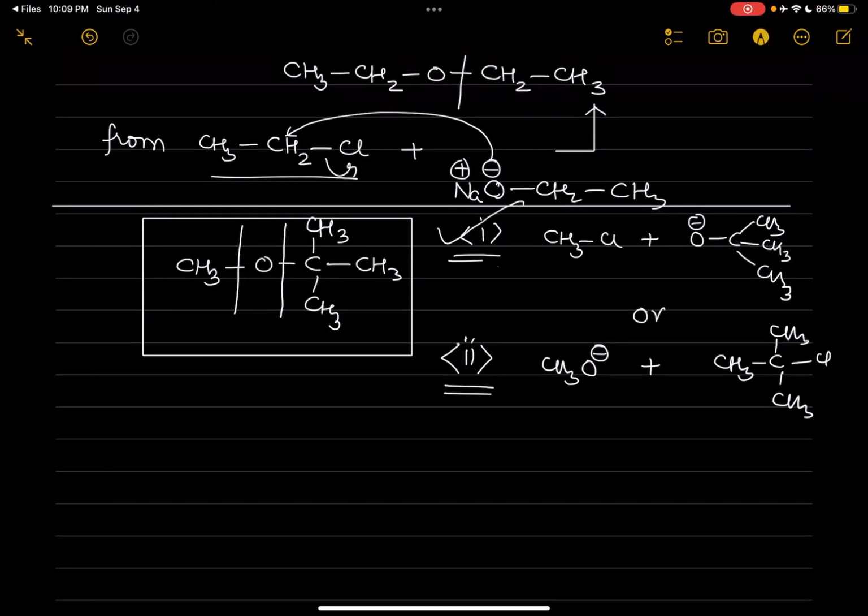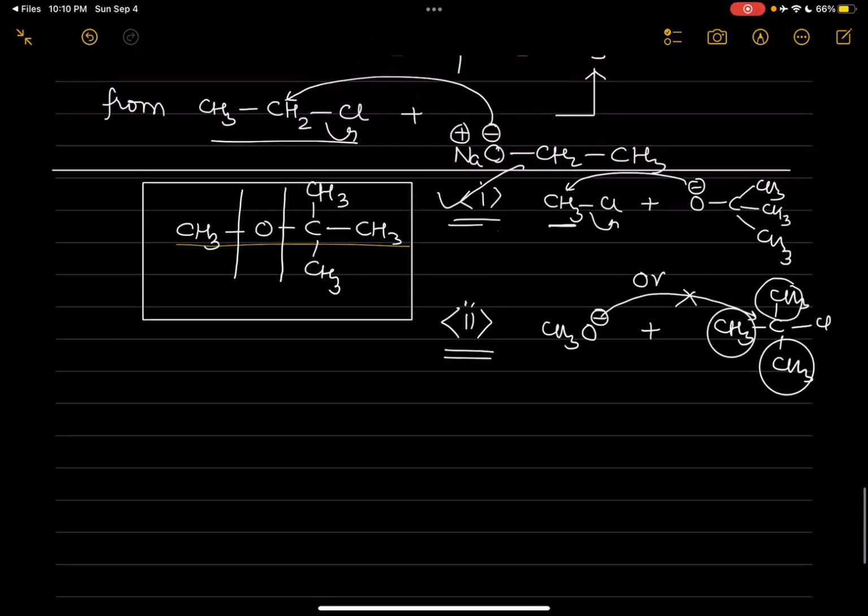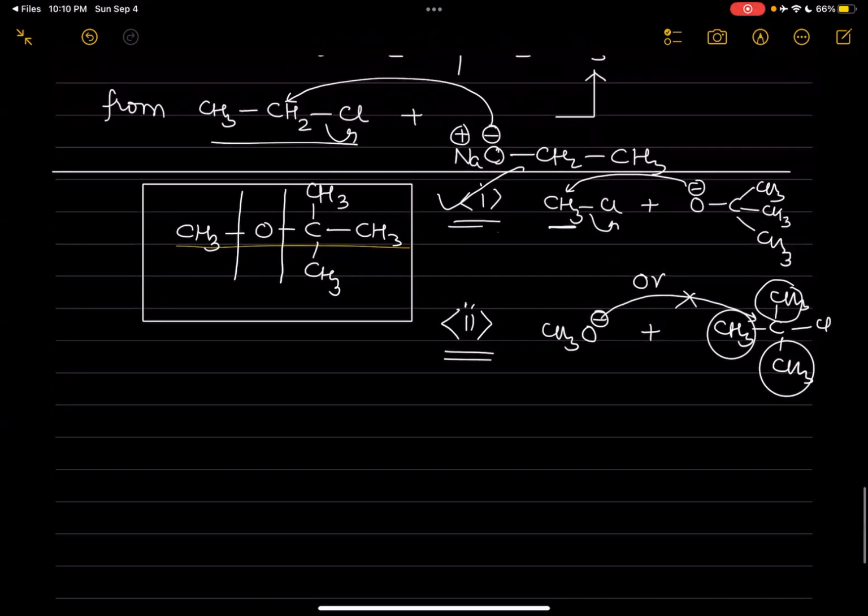Yeah, the first method is correct. This one is correct, not the second, because SN2 can take place on a smaller alkyl group. O minus can come in, the Cl will come out. So this can happen. But in this case, the SN2 cannot happen because this is very branched. Is it clear? So SN2 does not take place on a branched group. So you don't have to take this. Suppose you take this, SN2 will not happen, elimination will happen.